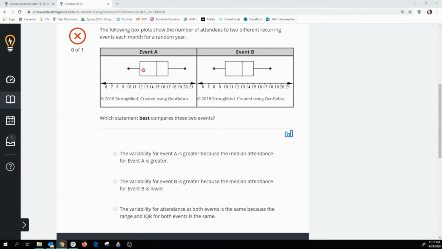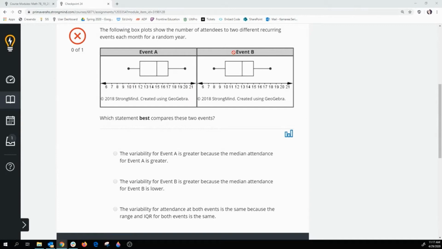So the range for event A goes from 10 to 20. So if I were to subtract 20 minus 10, what is my range for event A? So 20 minus 10. So range for event A is going to be 10.